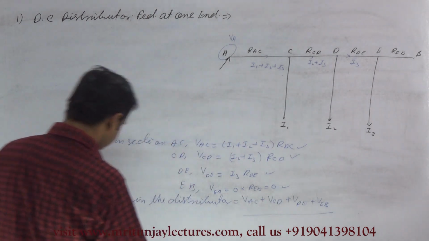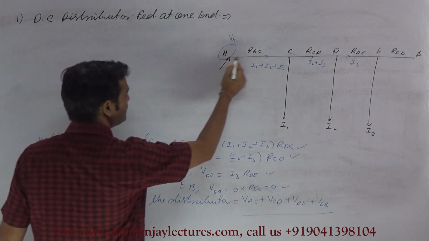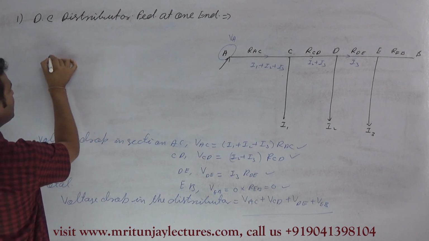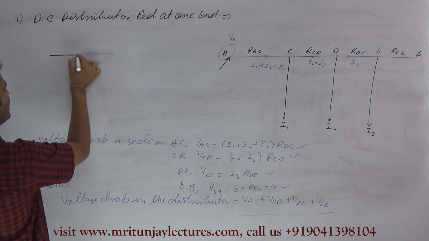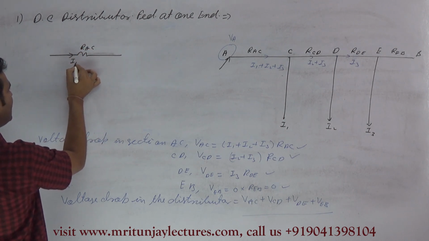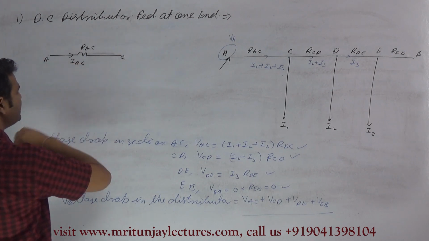I know that in a network, this portion, R of AC, is simply represented as a resistance like this, with current I of AC. This point is A and that point is C.